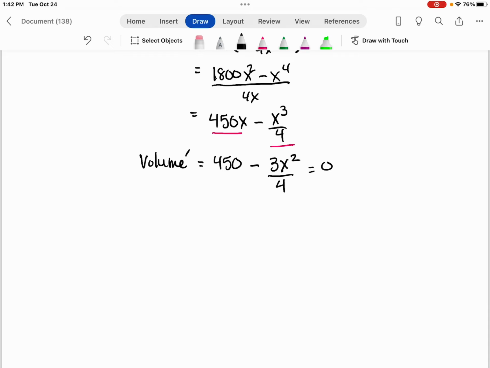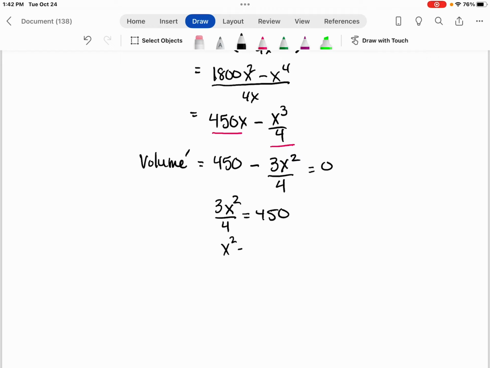So that will give me 3x squared over 4 is equal to 450. And then I'm going to multiply both sides by 4/3. And that's going to give me 600. So I have x squared is equal to 600.